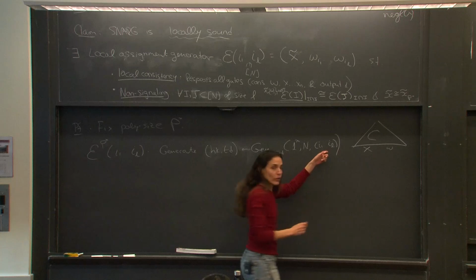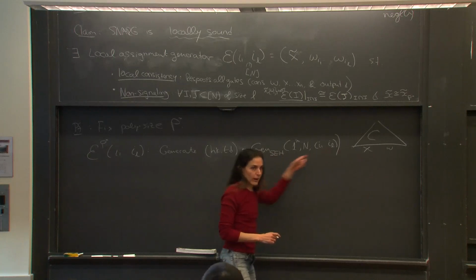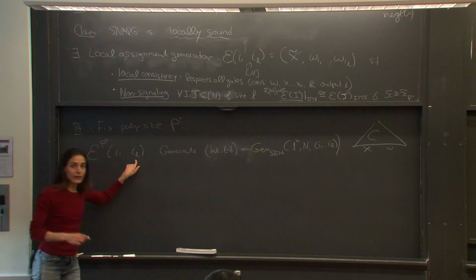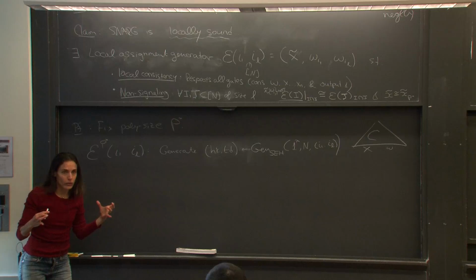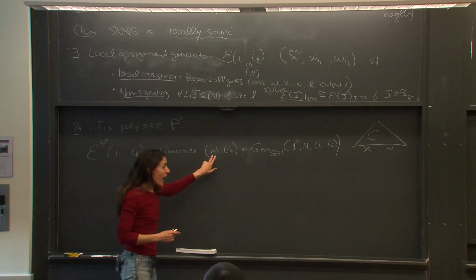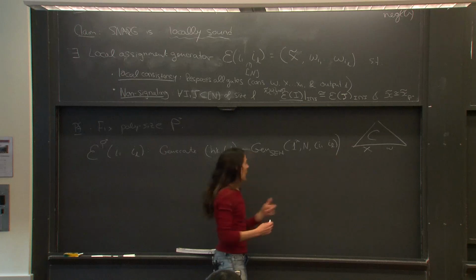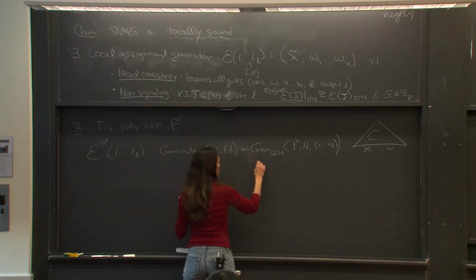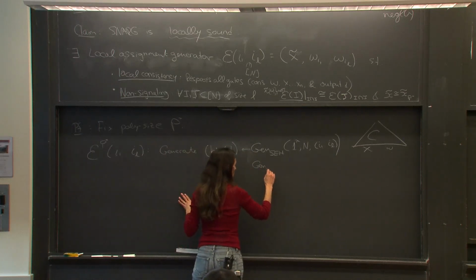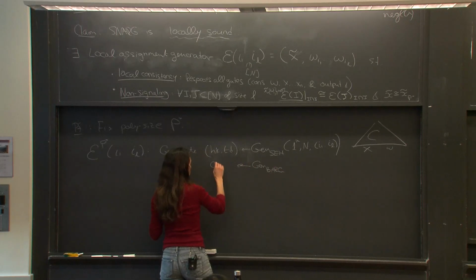These are the wires he wants to extract. He's going to give you a hash key that's extractable on these locations. And then he's also going to run Gen for the BARG to get the CRS for the BARG.